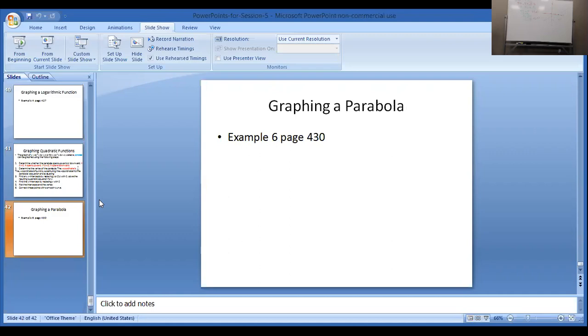So our first point, the vertex, is 1 and minus 4. You follow me? You got the x of the vertex by that formula, minus b over 2a. Once you find the x, just plug it in, and you find the y. So you can locate the vertex on the graph.